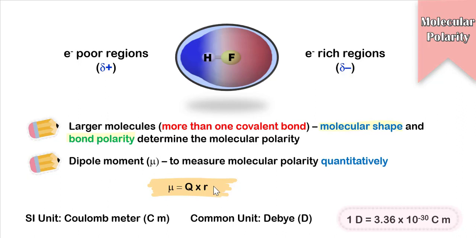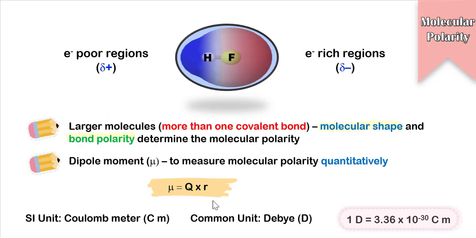The dipole moment is used to measure the molecular polarity quantitatively by using this formula. Q is the charge, R is the distance between the atoms. The SI unit is coulomb meter, but the common unit used is debye. 1 debye is equal to 3.36 times 10 to the power of minus 30 coulomb meter.